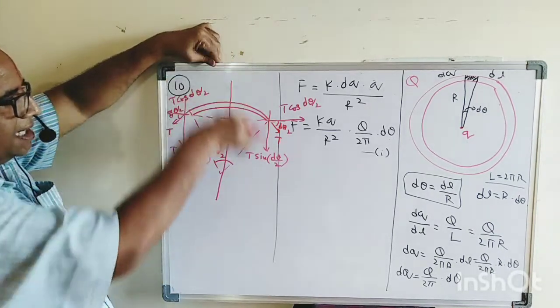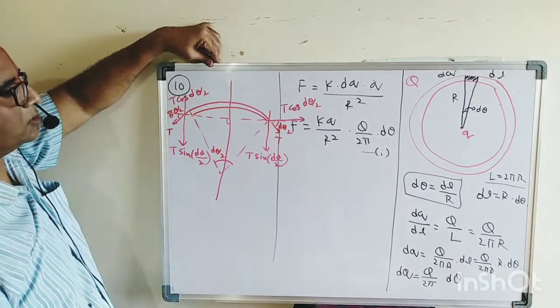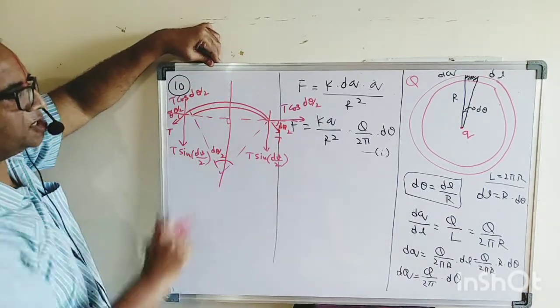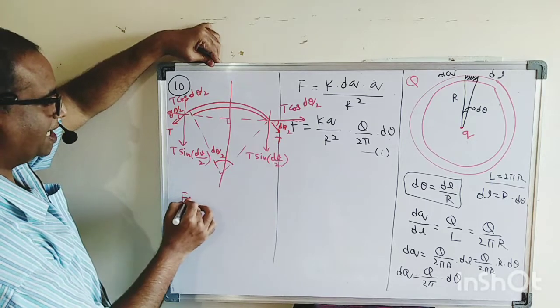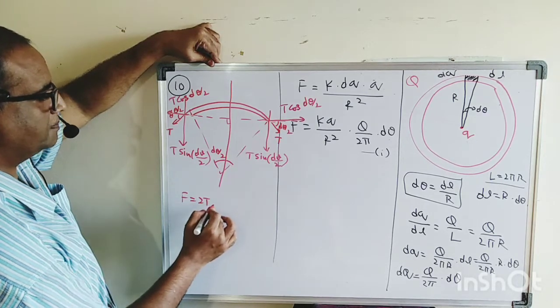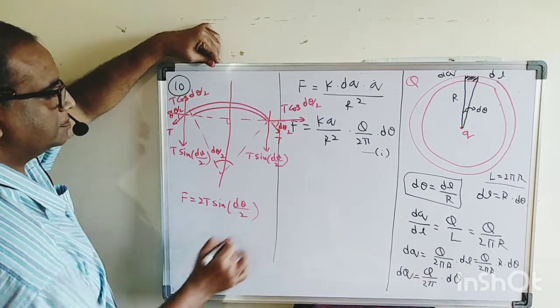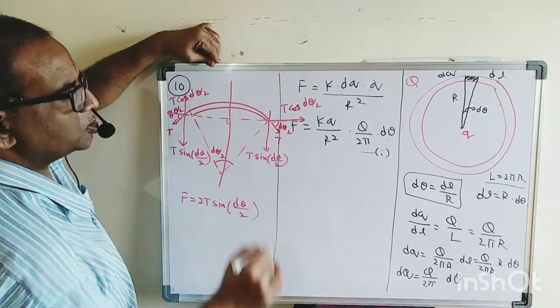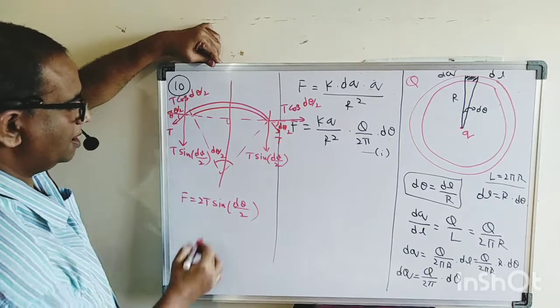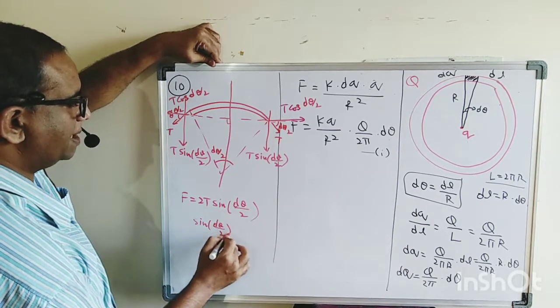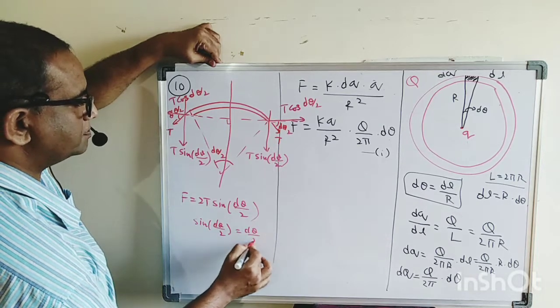So what is the total force acting due to tension here? The force acting is nothing but 2T sin d theta by 2. We know that if the angle is very small, then sin d theta by 2 can be written as d theta by 2.